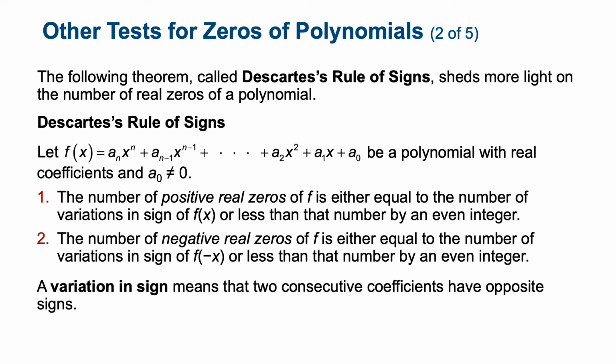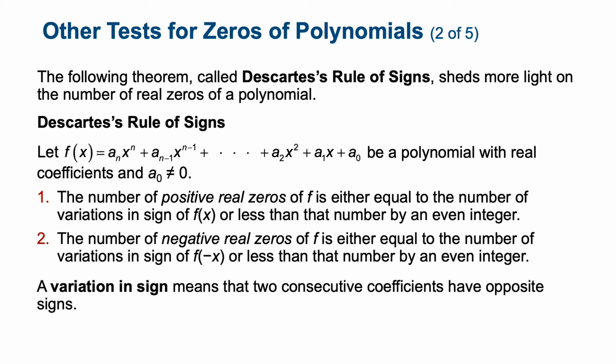So let's say I count, this is positive, this is negative, that's one sign change, and then this was negative to positive, that's two sign changes, and so on. If I count the number of sign changes, that's how many positive real zeros there are, or there's that number minus 2 many. So if I found 3 sign changes, for instance, they either have 3 positive reals, or they have 1 positive real zero.